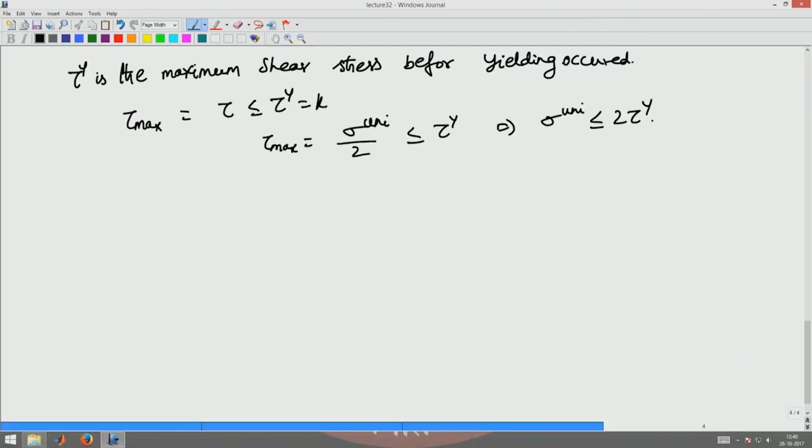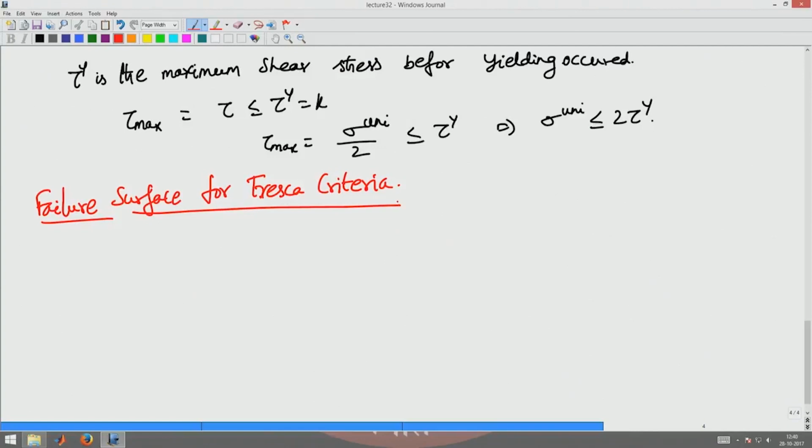Let us assume that the state of stress is plane. I am interested in plotting the failure surface for the Tresca criteria. What I am interested in is not the general case, but the plane stress state.